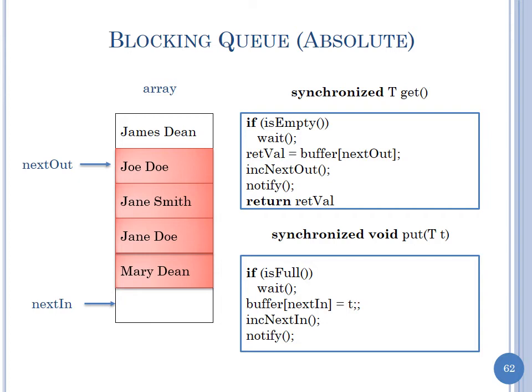So you do a wait if it's empty, meaning get does a wait if the buffer is empty, and conversely the put precondition is that the buffer is not full. So if the buffer is full, it does a wait.